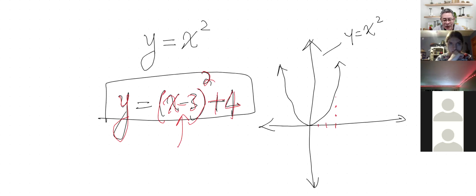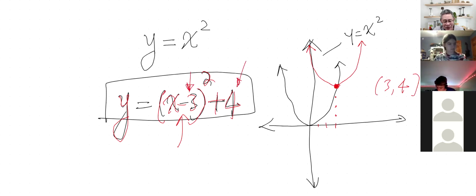Now we get a function like this. You can see that the vertex point here is just (3, 4), right? The 3 comes from here and the 4 comes from here. So we shift to the right by 3, then move up by 4.